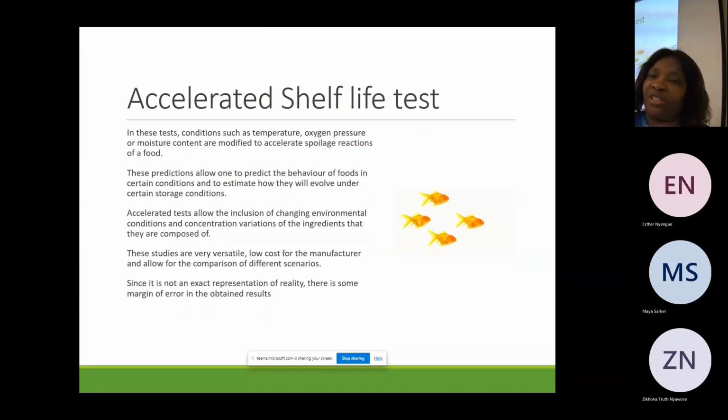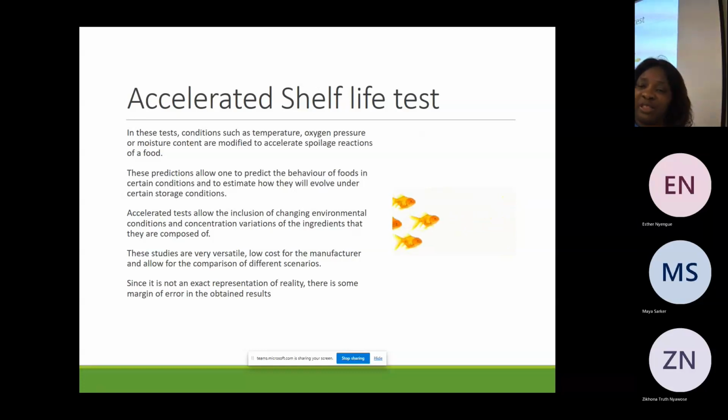And then you have the accelerated shelf life test. This one is where conditions are set up, temperature and all the rest. Like, for example, the fish tanks that we have in our own houses, we actually set up the environment for the fish to grow.